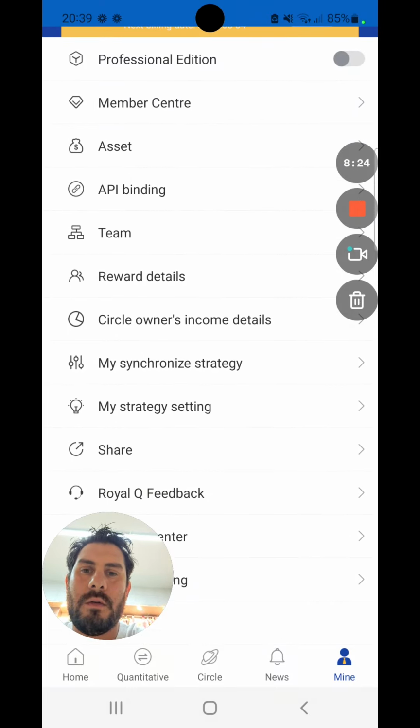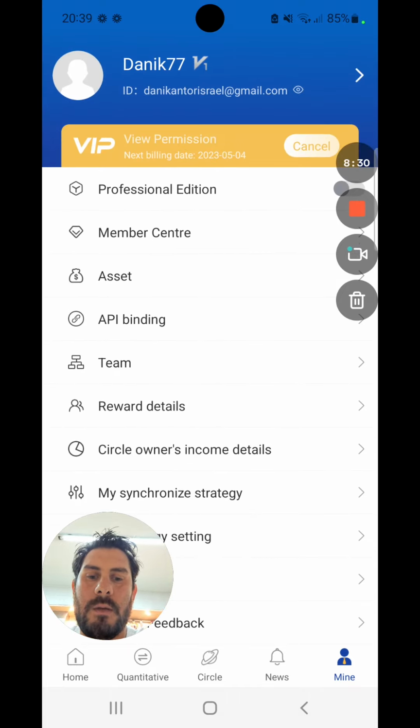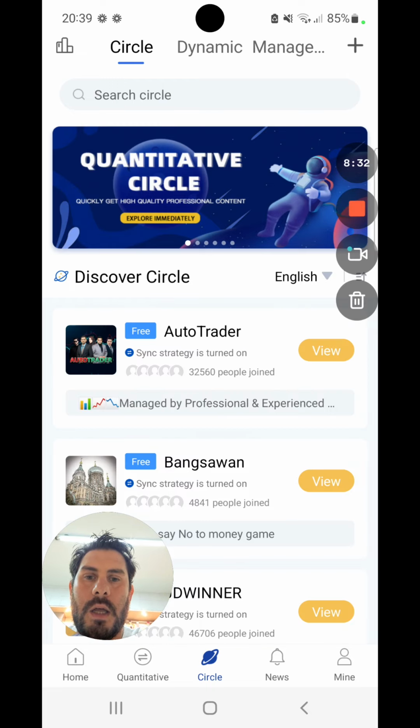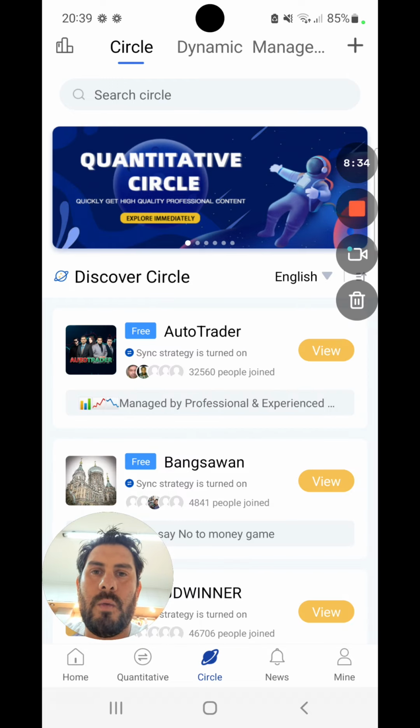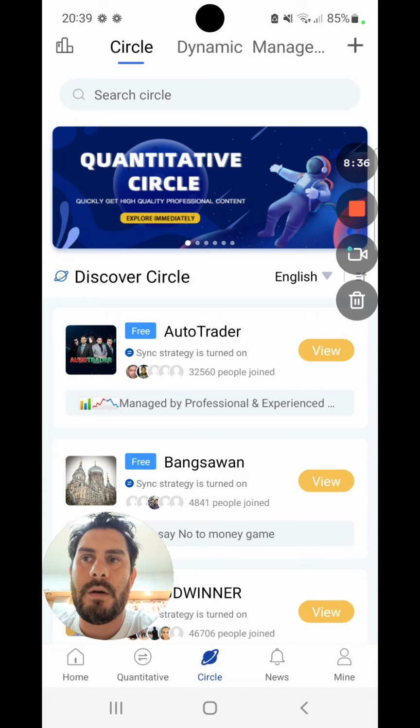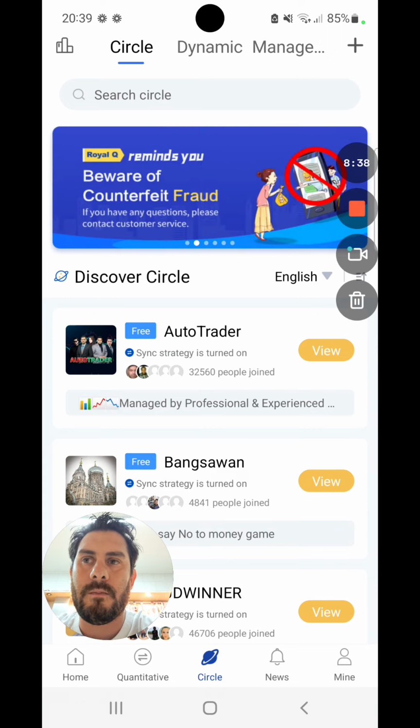Wait 1 second, I don't remember exactly where it is. Well, doesn't matter. So basically we are working with tables that are very conservative, so we are making like 5 to 10% a month.